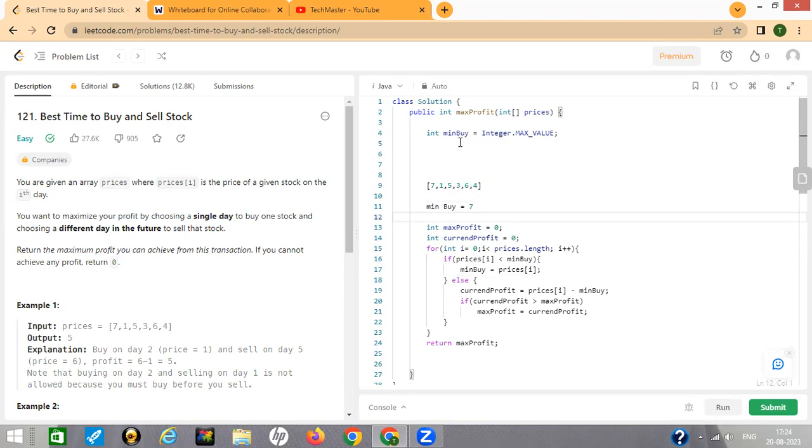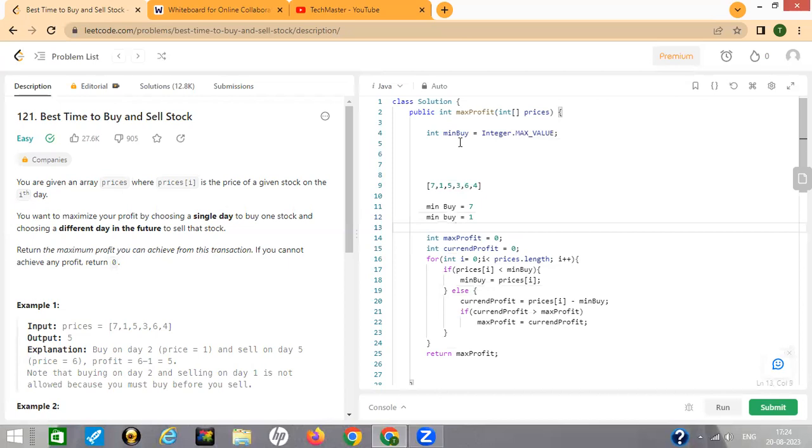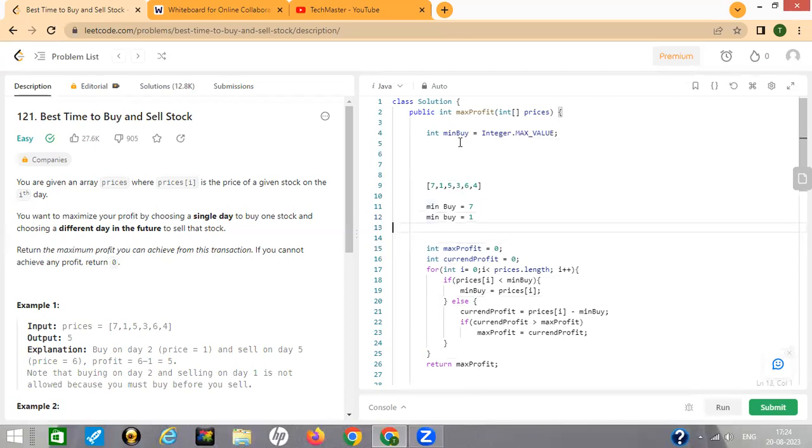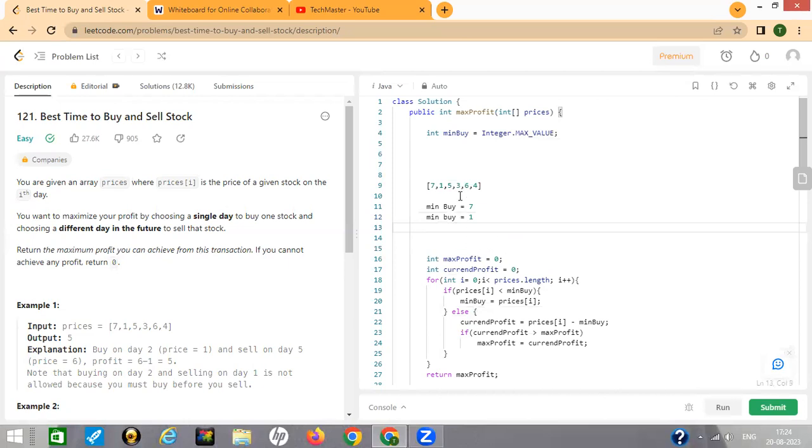So our minimum buy will become 1, and now we are going to 5. So 5 is not less than 1. So our minimum buy remains 1.